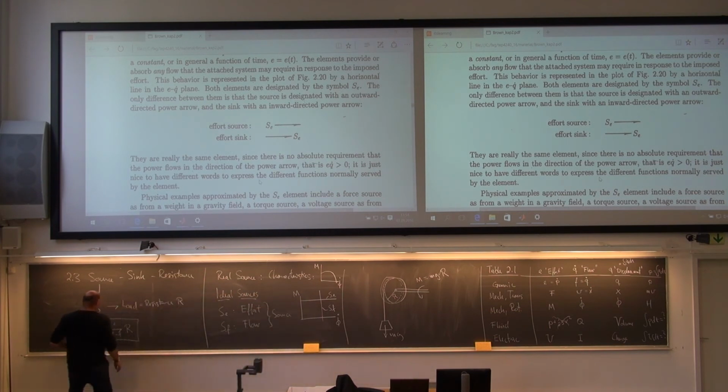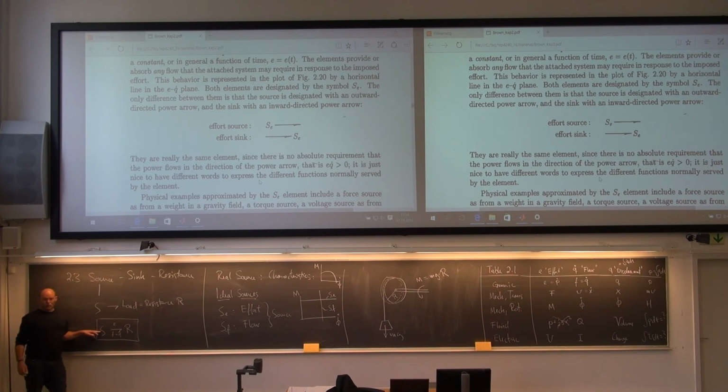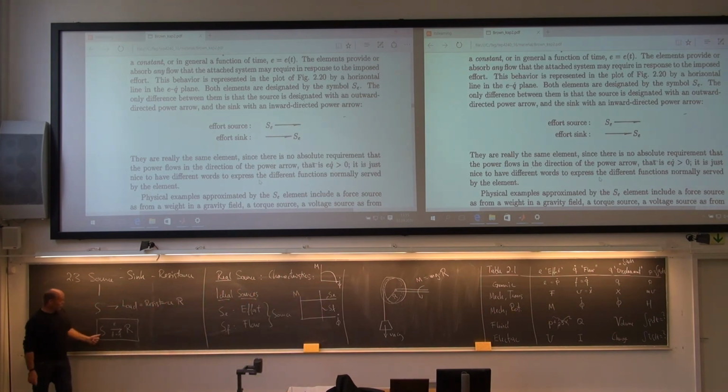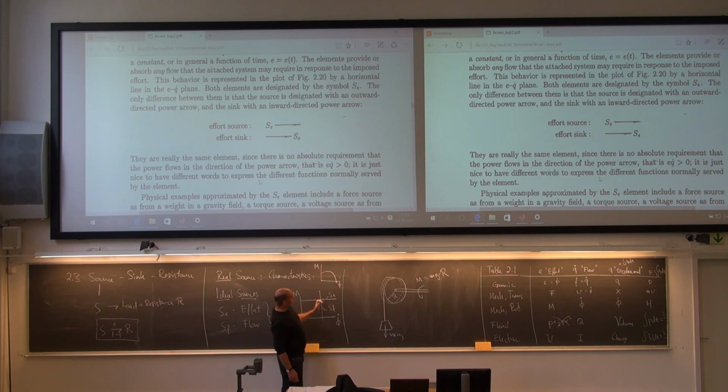What about our example that we have here with this source load example, the sprinkler system? The S was given with a real source, not an ideal source. We had these characteristics. And what should we call it? Well, actually, we just call it an S. It's not an effort source, it's not a flow source, it's a real source. Then you just call it an S. I mean, this curve doesn't really match either of these two.